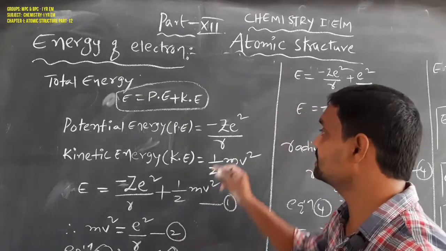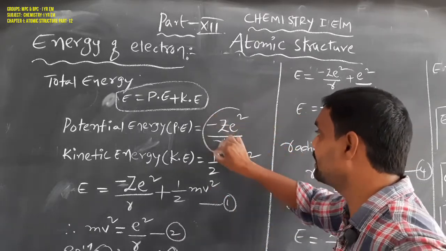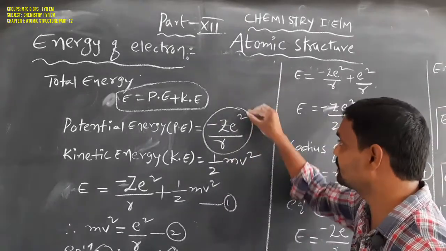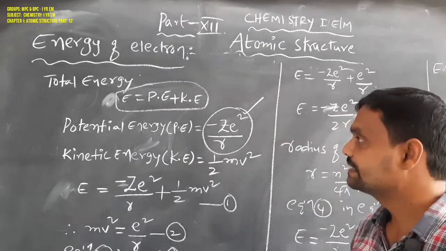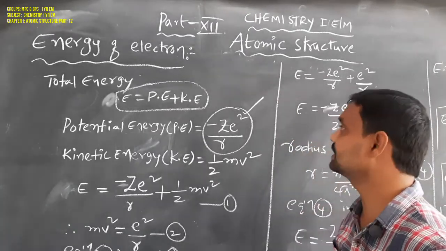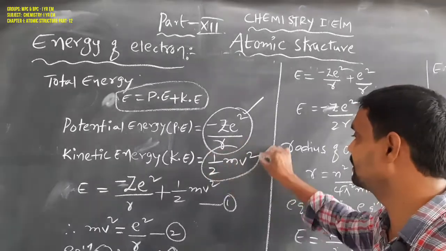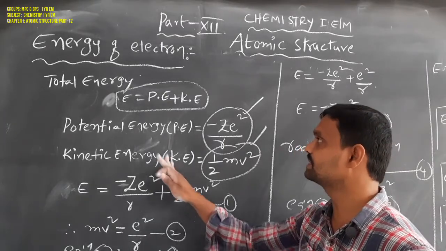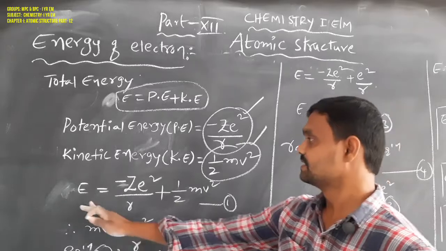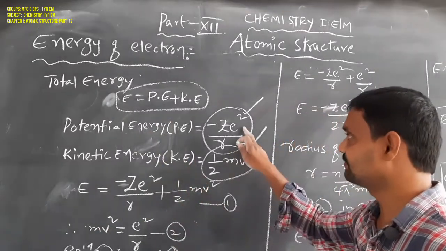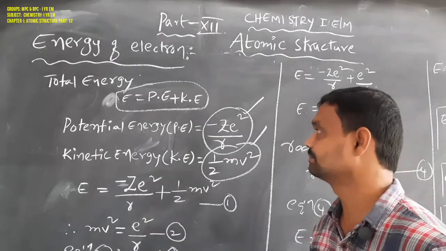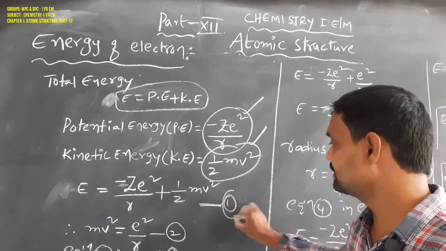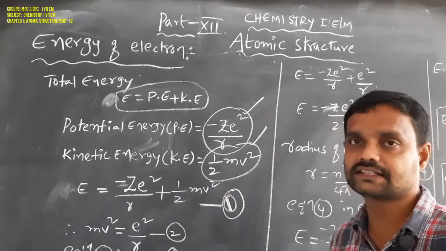The potential energy is equal to minus Ze²/r. Similarly, the kinetic energy, which we already know, is half mv². So these potential and kinetic energy values can be substituted in the total energy: E is equal to minus Ze²/r plus half mv². Let this be equation 1.